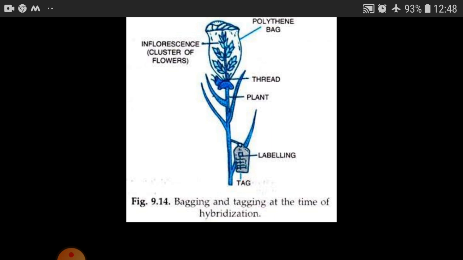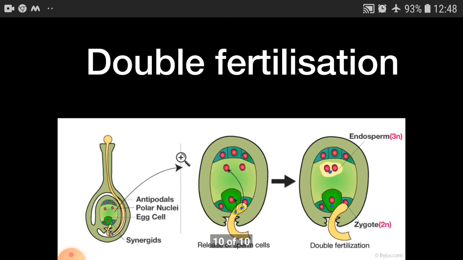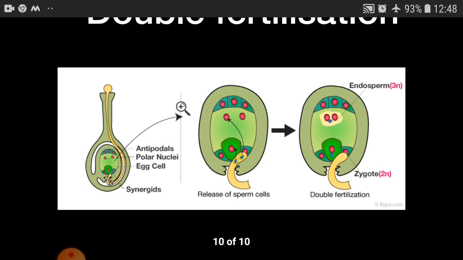Now we'll come to the last topic of today's lecture, that is fertilization in these angiospermic flowers, what we call double fertilization also. Here you can see the photograph of double fertilization on your screens.